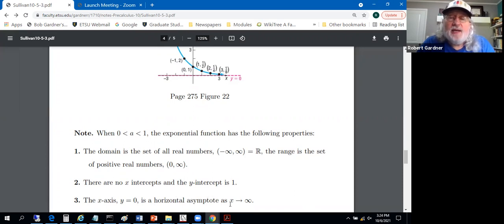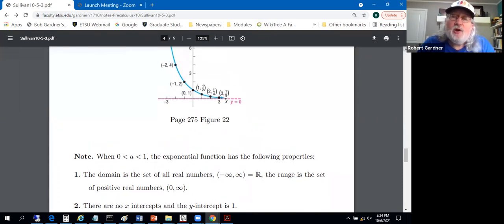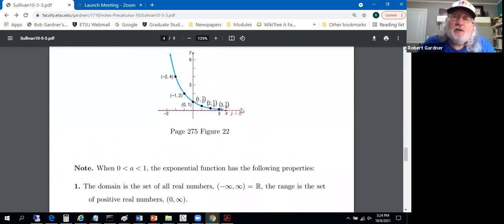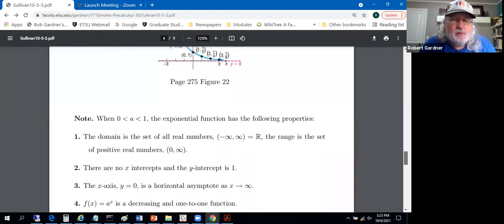This is a horizontal asymptote as x approaches positive infinity. As x moves to the right-hand side, the curve has the horizontal asymptote of y equals 0. Left-hand side, no asymptote, right? The left-hand side is growing like crazy. As well, it's heading off upwards like crazy is a better way of saying it. It's always a decreasing function. Notice when read from left to right. So I try to choose my words somewhat carefully.